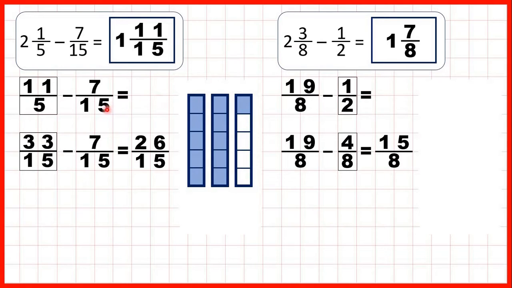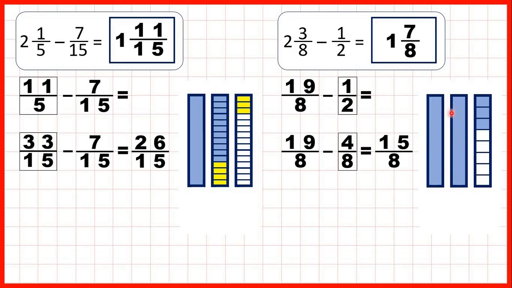But because we were taking 15ths away, we changed those 11/5 into 33/15, so that we could subtract 7/15. And if we take away 1, 2, 3, 4, 5, 6, 7, that leaves us with 26/15. But 26/15 is the same as 1 and 11/15, so that's our answer as a mixed number.